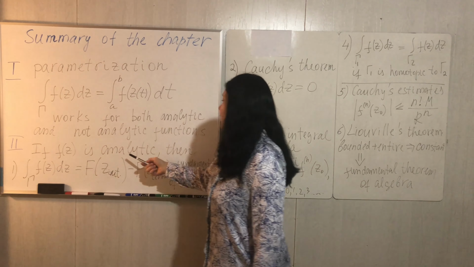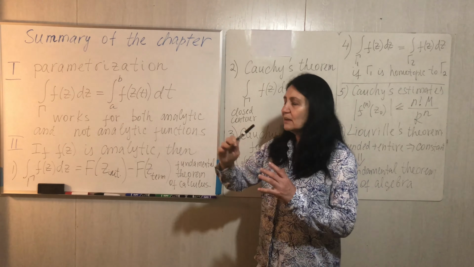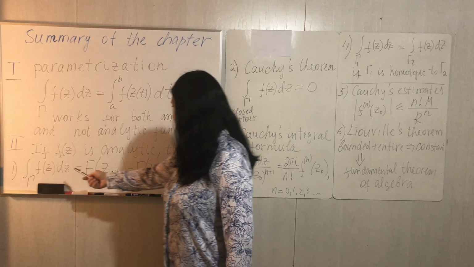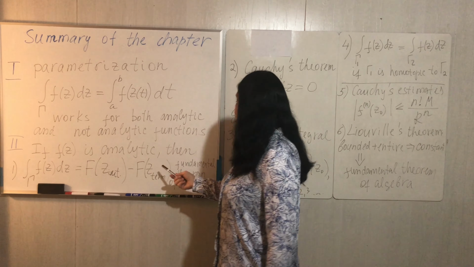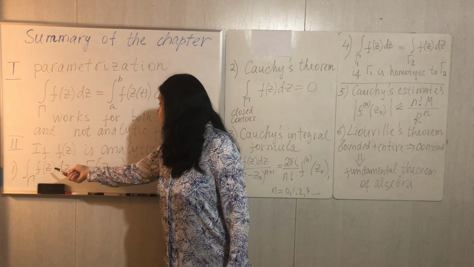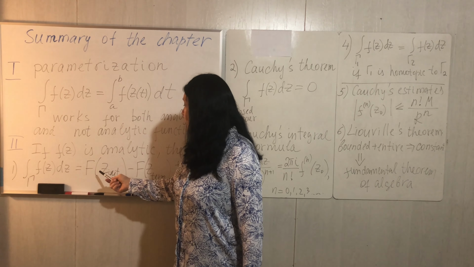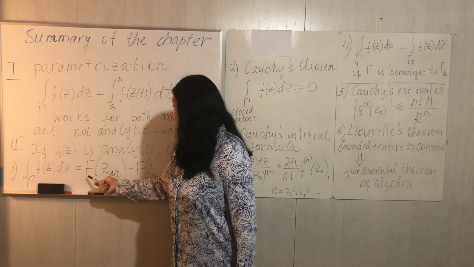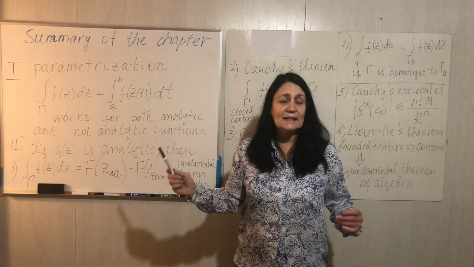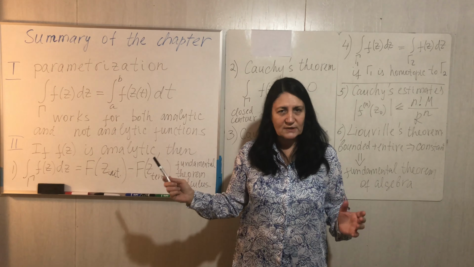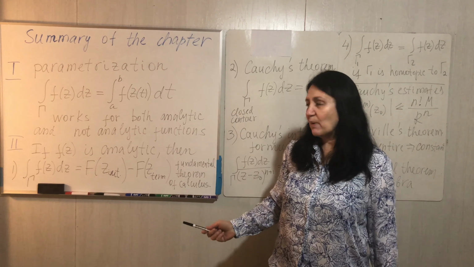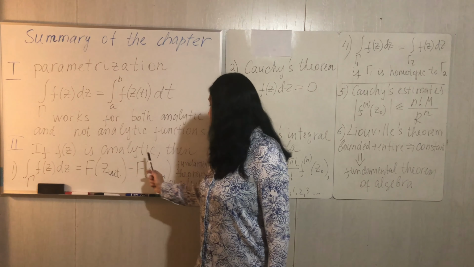If the function is analytic along the curve, everywhere in a neighborhood of the curve, then we can use the fundamental theorem of calculus, which means that an antiderivative exists and we can just compute an antiderivative and evaluate it at endpoints. So the integral then does not depend on the path, only on the initial and terminal point.